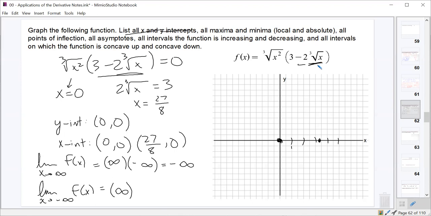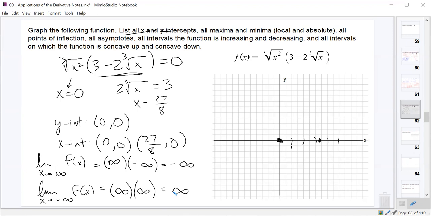But then we multiply it by a -2, which makes it a very large positive. So this ends up being infinity times an infinity, which is infinity, which means that to the left, this thing is going to be rising up to infinity, which means that we're not going to have any absolute maxima either.